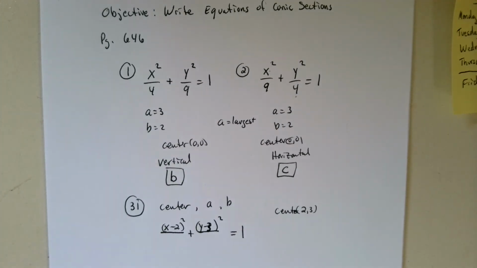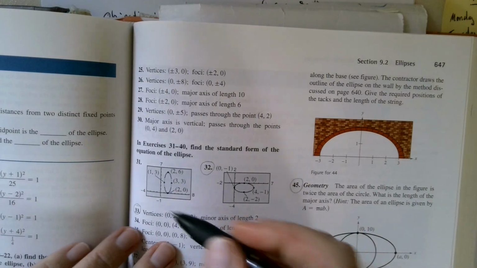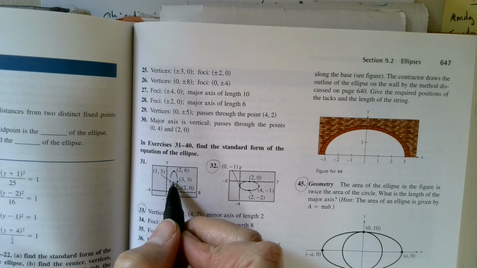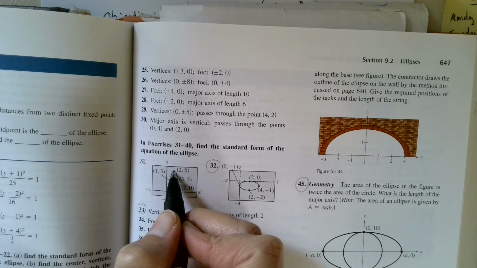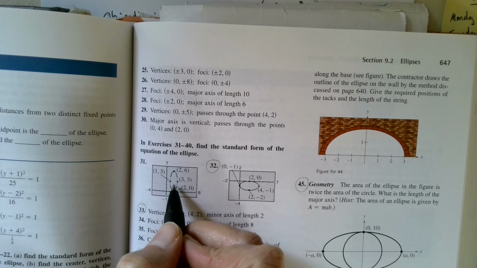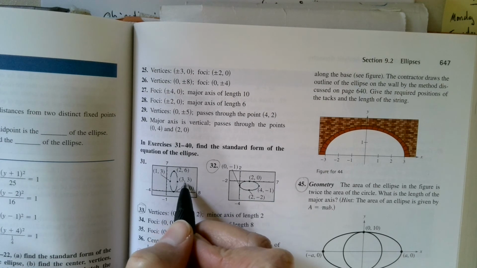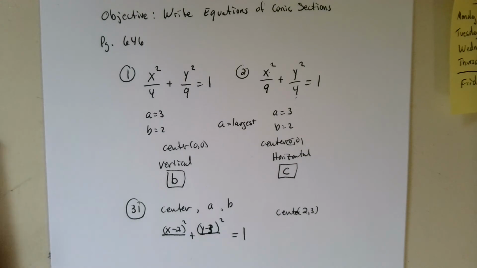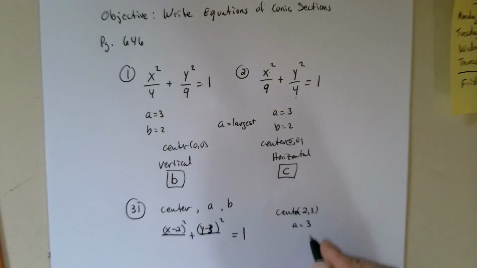Okay. All right. Now, this is a vertical. So the center's right here at 2, 3. And it went all the way up to 2, 6. So from 2, 3 to 2, 6, that's 3. And from 2, 3 to 3, 3, that's 1. So our A is going to be 3.